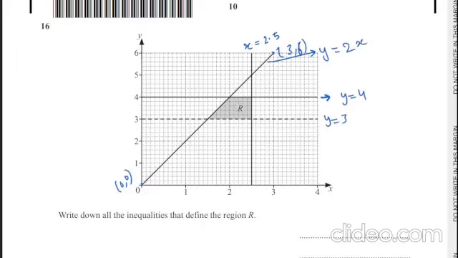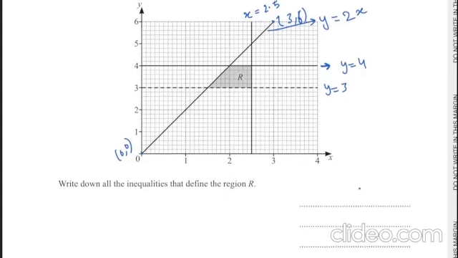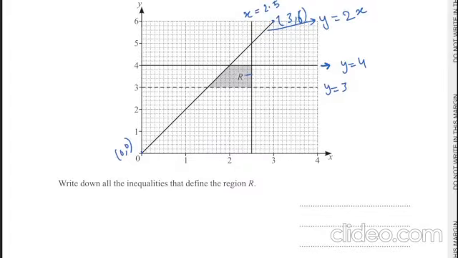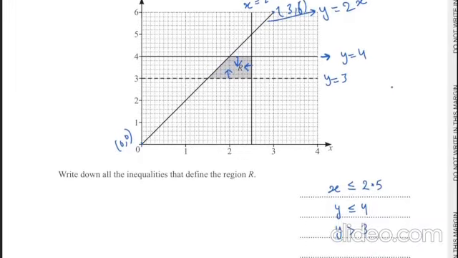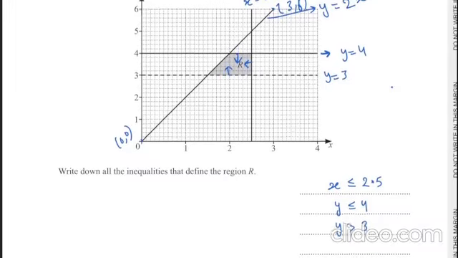Okay, so writing down the inequalities based on this information. This region is towards the left of x equals 2.5, so we can write x is less than or equal to 2.5, because that's a bold line, which is why the less than or equal to sign is there. This region is below the line y equals 4, so y is less than or equal to 4, and above y equals 3, so y is greater than 3 with a strict inequality, because y equals 3 is the dotted line here.